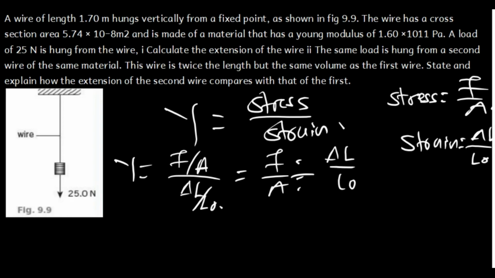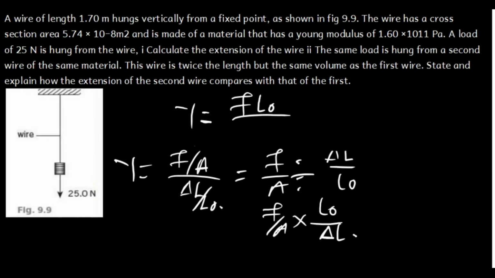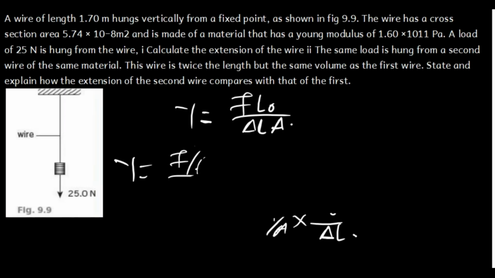To make things simple, we can say that Young's modulus is equal to the force times L initial divided by change in L times area. So now the question is asking us to find the extension.